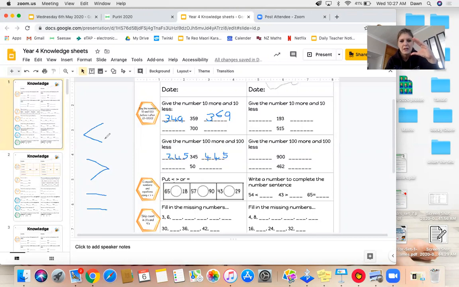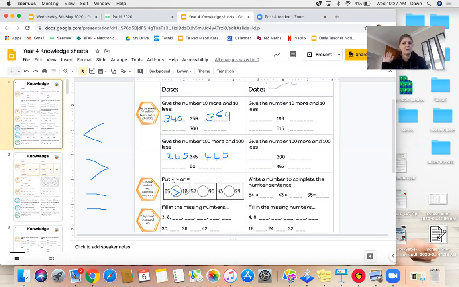So if we look at 65 and 18, 65 is the biggest number, right? Okay, 18 is very small. So the crocodile doesn't want 18. It only wants 65. So what we have to do is open our mouth like that and let the crocodile eat 65. So its head over here is closing it.